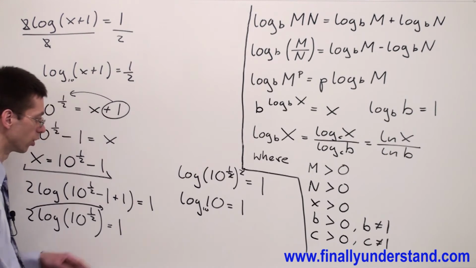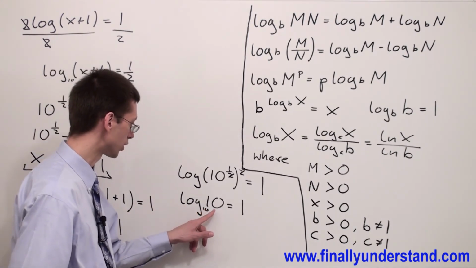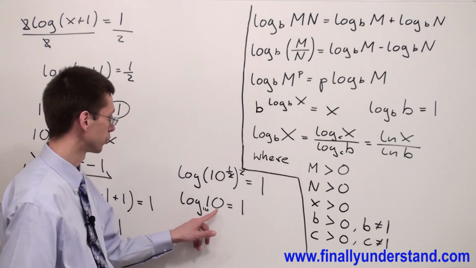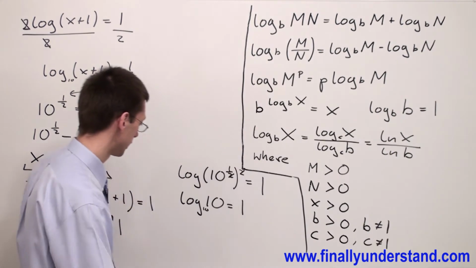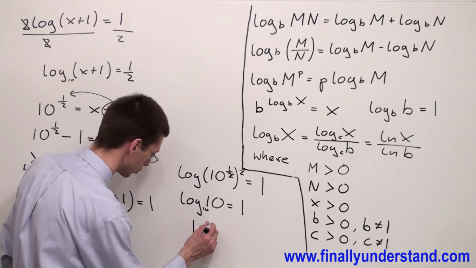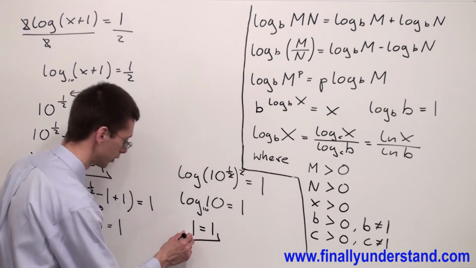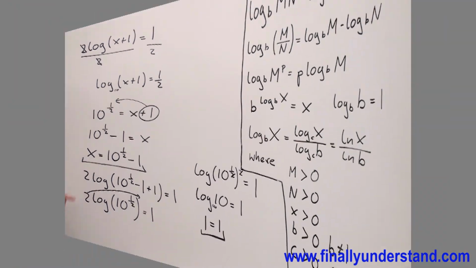Anytime I have a log where the base is equal to the domain, you're supposed to keep in mind that this is equal to 1. And I can say that the left side is equal to the right side. This is the proof that the value which I got for x is correct. So this is the final solution to my problem.